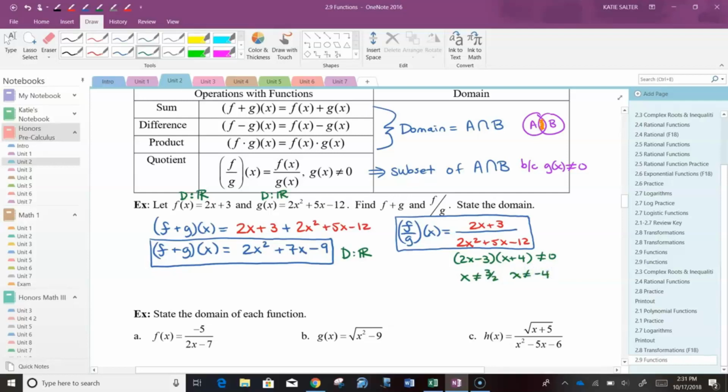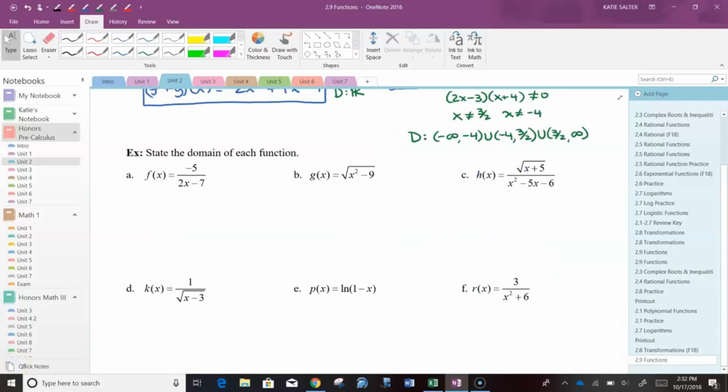So in this case, we have to add that to our domain. Our domain for this one is going to be from negative infinity to negative 4, in union with negative 4 to 3/2, in union with 3/2 to infinity. In other words, all real numbers except for negative 4 and positive 3/2.